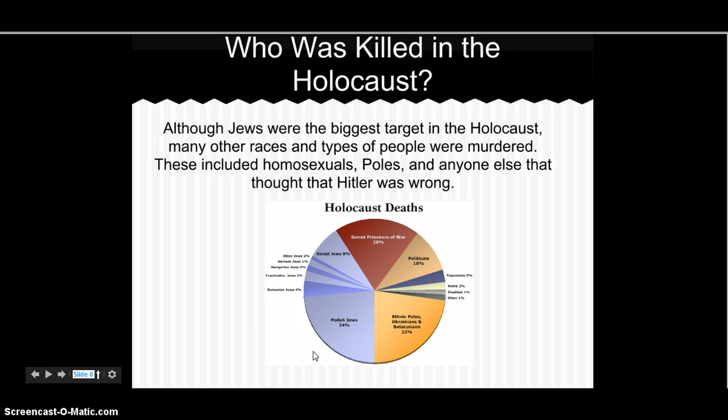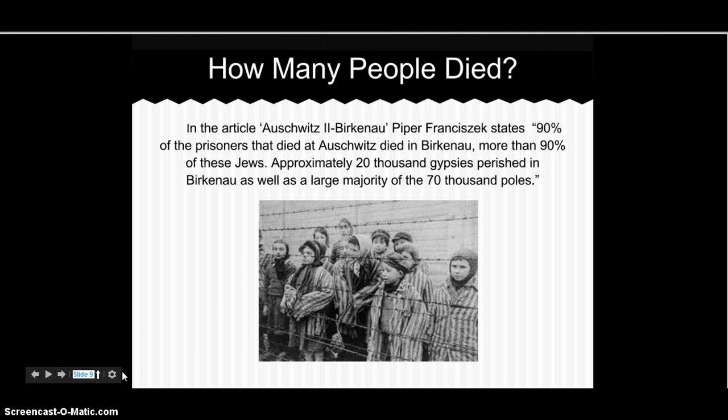This is a chart showing what groups of people made up the deaths of the Holocaust. Polish Jews made about 24%, politicals 10, Soviet prisoners of war 20, Soviet Jews 8, and so on. How many people died? About 11 million people died total in the Holocaust, a majority of them Jews.